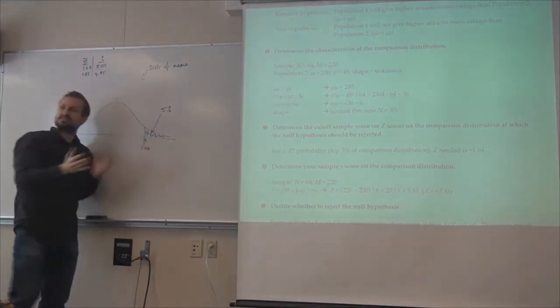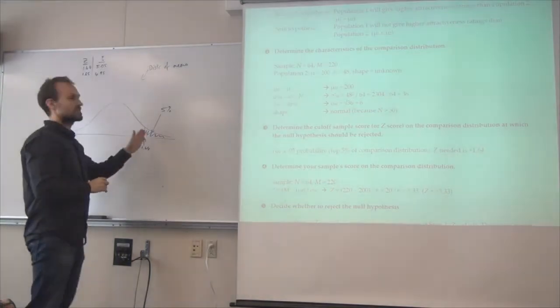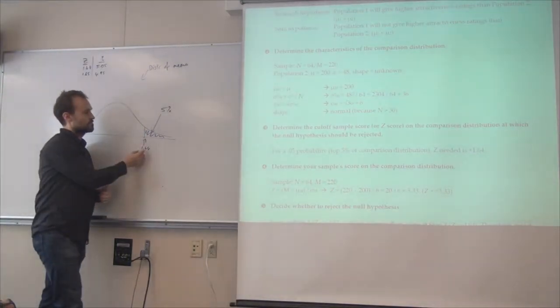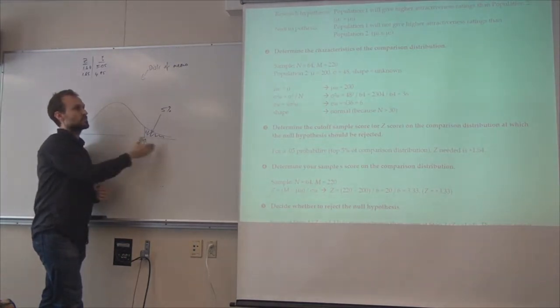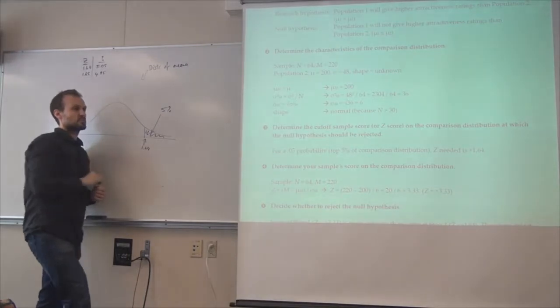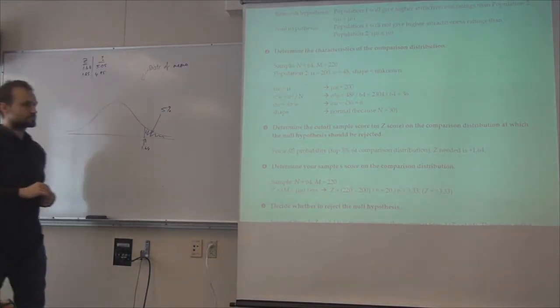If it's on the line, then you'd have to investigate it a little bit further. So I'm hoping that if I pick 1.645 or 1.65, it shouldn't make much of a difference because my sample is not going to be that close to this line. So it's not really something to obsess about.